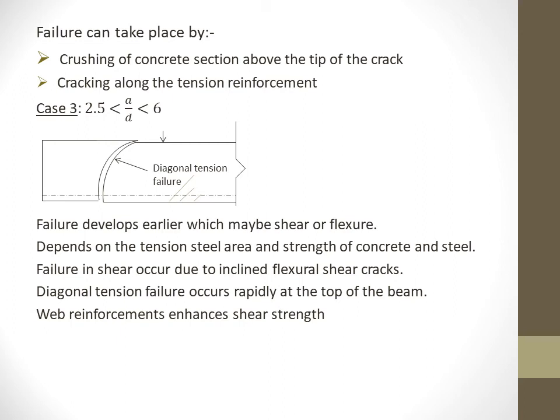If shear or web reinforcement is not provided, the cracks extend rapidly to the top of the beam. The failure occurs suddenly and hence it is known as diagonal tension failure. See this diagonal, when the cracks travel to the top of the beam and it splits into two, the failure occurs suddenly and hence it is called diagonal tension failure.